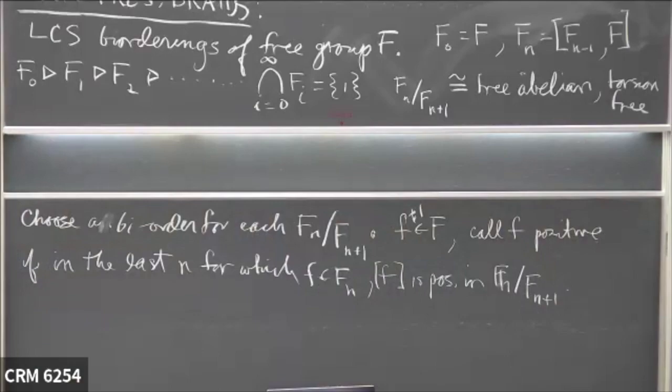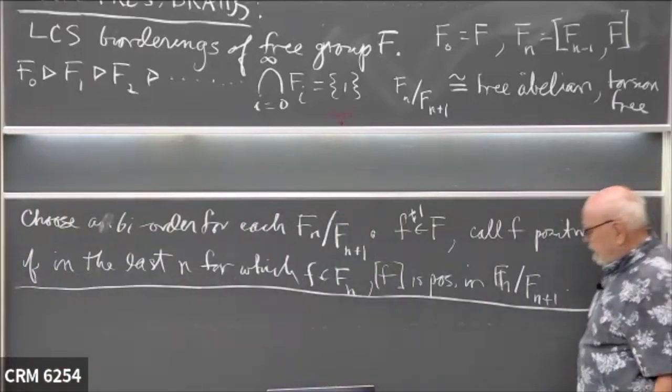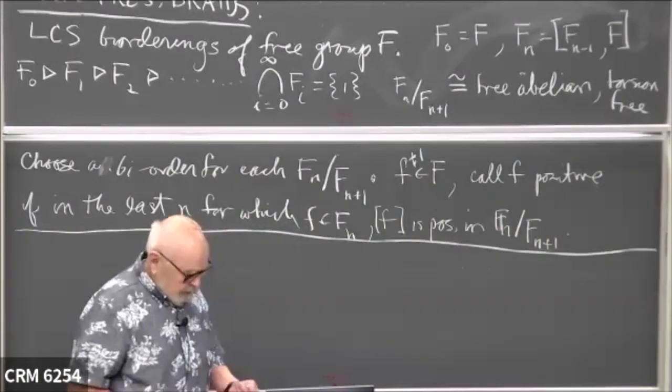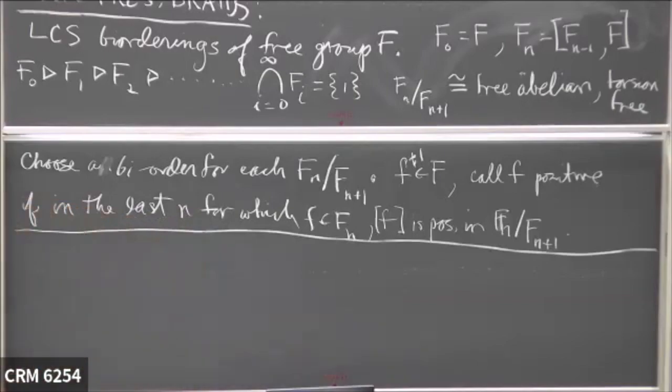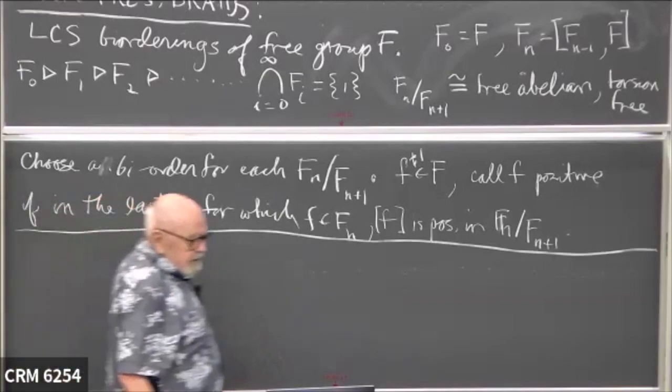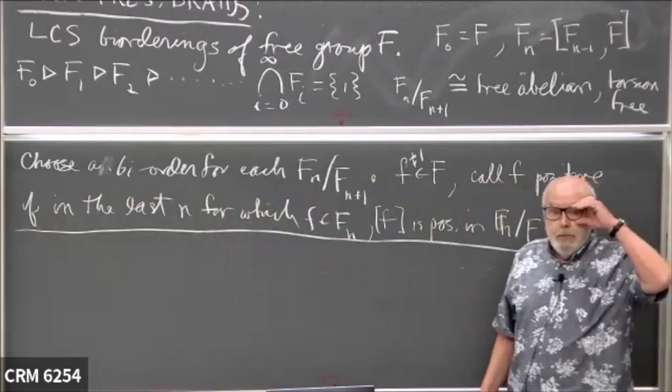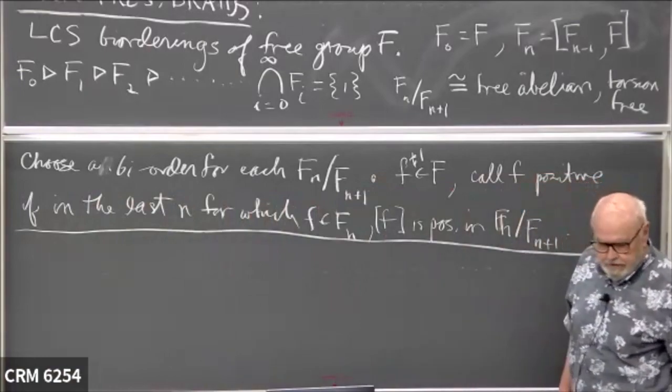Okay, now what does this have to do with braids? I'm running out of chalk. There's an important connection between braids and automorphisms of the free group.